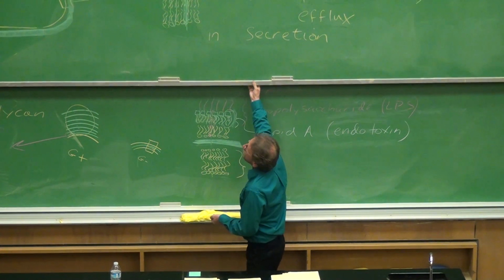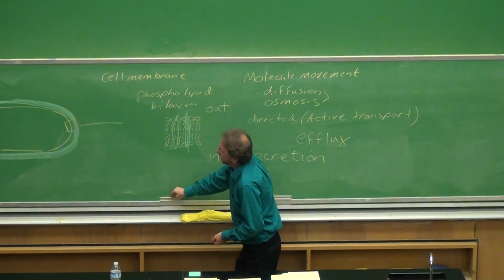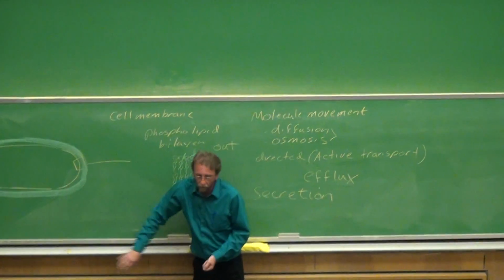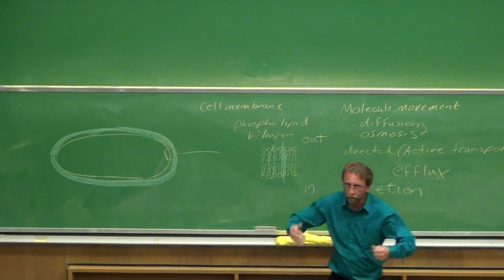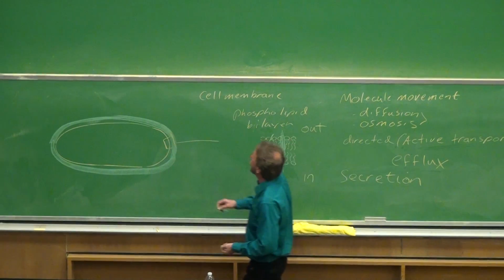Okay, so back to our cell that we're building here. So we've got a cell membrane, we've got our cell wall. You'll also find that there are surface layers external to the cell wall called the glycocalyx.